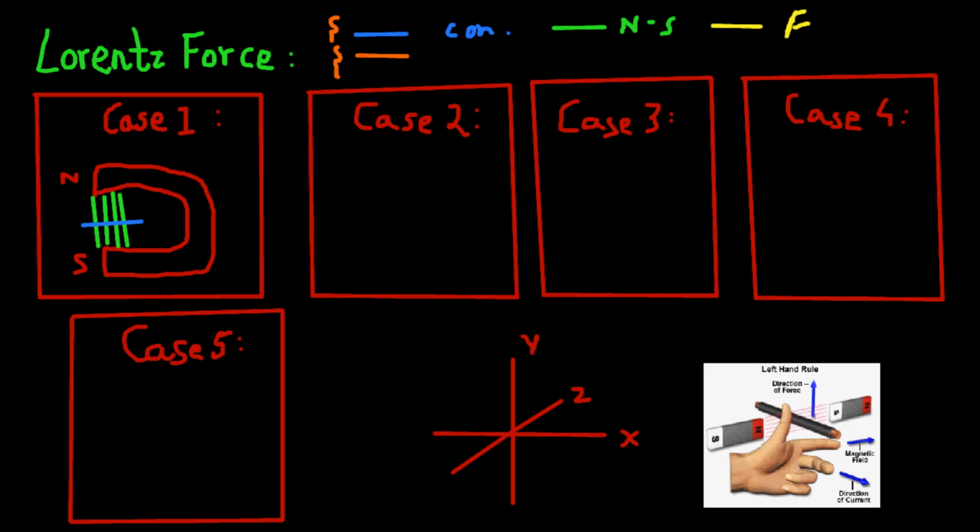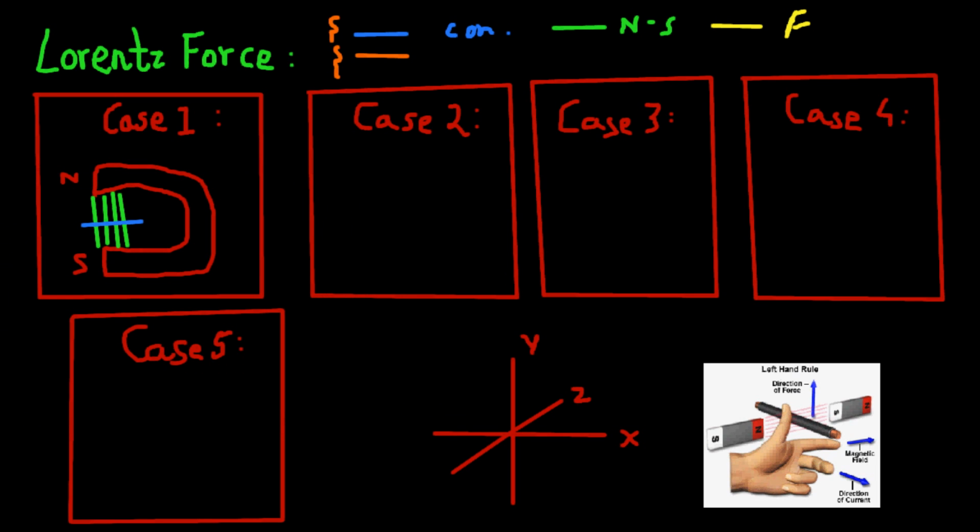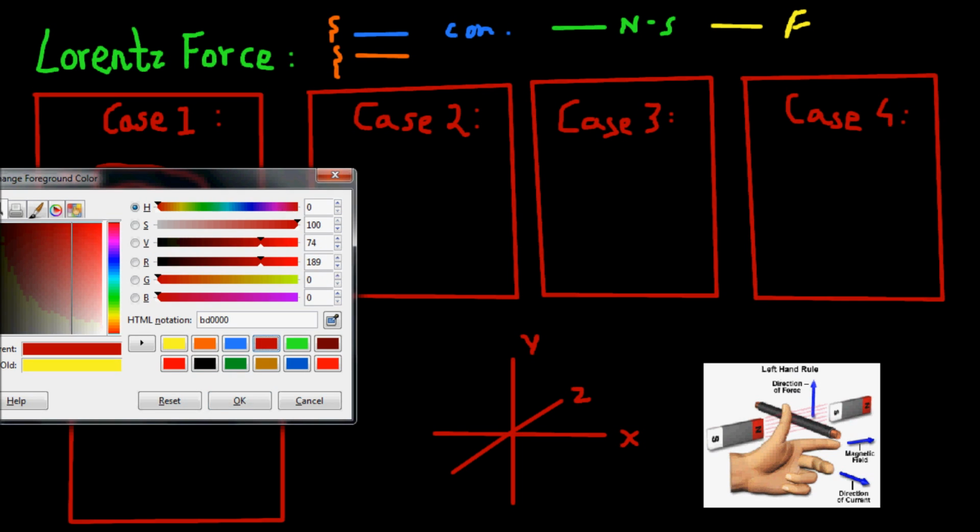So in this case, case 1, it's just a conductor, just one wire placed there, no current, and so the force that it will experience will be nothing. I don't know why I'm choosing yellow, but it'll be nothing. There'll be no force acting here. So no current, no force. That's a basic case over here. Now, let's just do the second case.